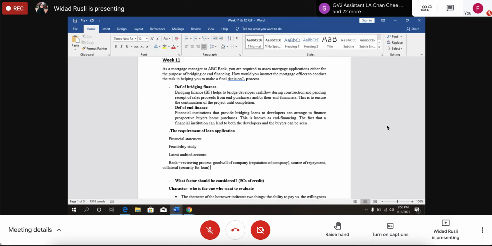What do you think, Clark? Is the argument correct? We put under collateral? I think for collateral will be the development side. So where do you want to put MK's argument just now? Source of repayment?